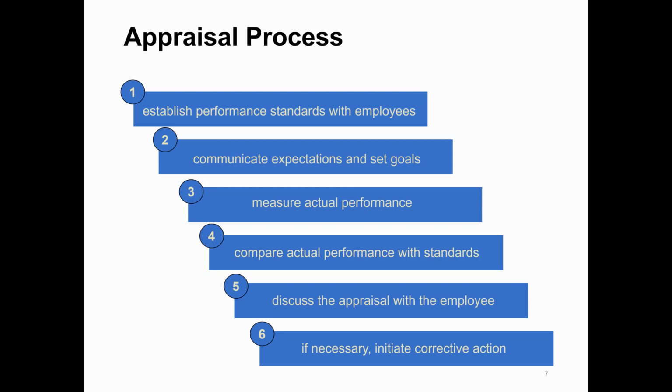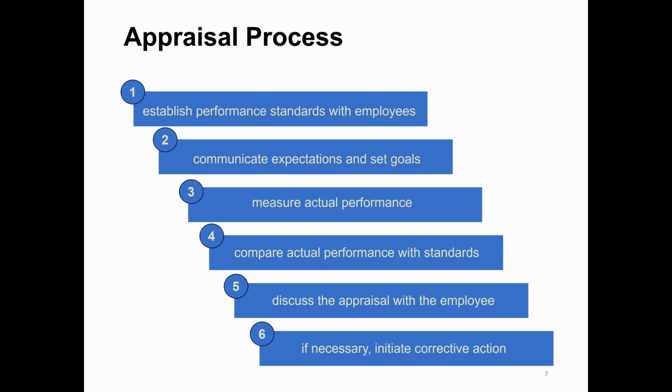So this is a typical appraisal process. First, the organization needs to establish the performance standards with the employees. Secondly, they need to communicate the expectations and goals to the employees as well. So for example, on the very first mark, the organization needs to establish the standard with the employees.